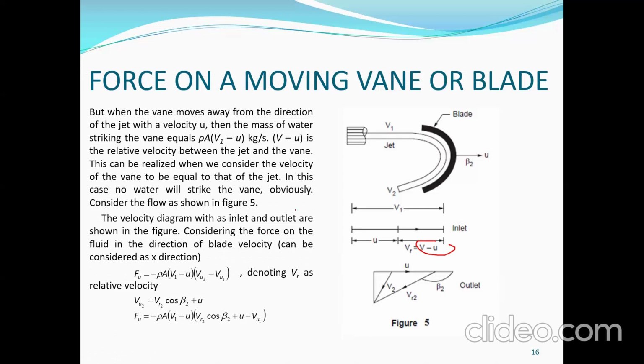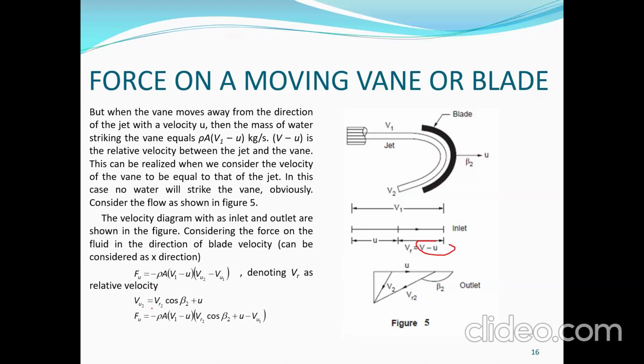Obviously, consider the flow as shown in figure 5. So the velocity diagram with inlet and outlet are shown on the figure. So lagi mong gagawin yan. Consider the force on the fluid in the direction of blade velocity, which can be considered as x direction.